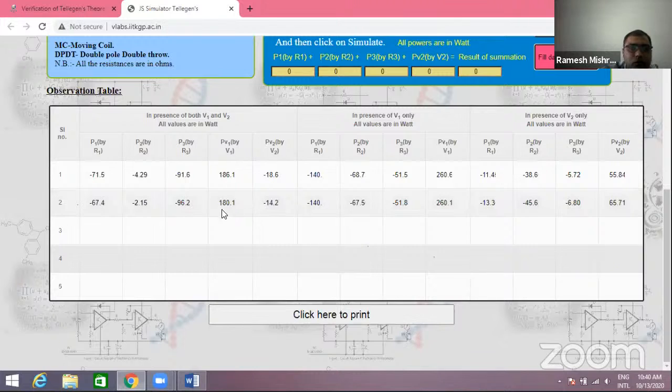The power of the first voltage source is equal to 180.1, and the power for the second voltage source is equal to minus 14.2. After calculating this, the summation of the values is equal to 0. We can write it here and calculate all these things in this way.